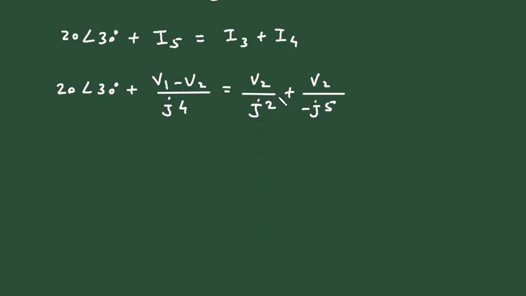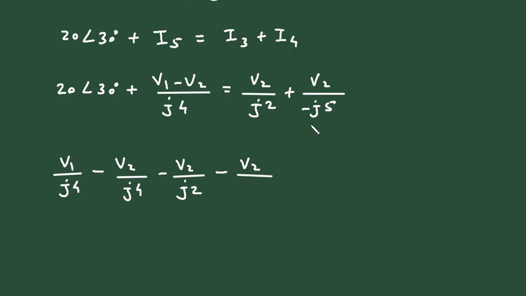Now let's simplify this. So V1 divided by J4 minus V2 divided by J4. We have taken this term first, then we can take the others on the left side. So minus V2 divided by J2, then minus V2 divided by minus J5 is equal to, we can take this on the right side, but before that we have to convert this 20 at an angle 30 degree into rectangular form.